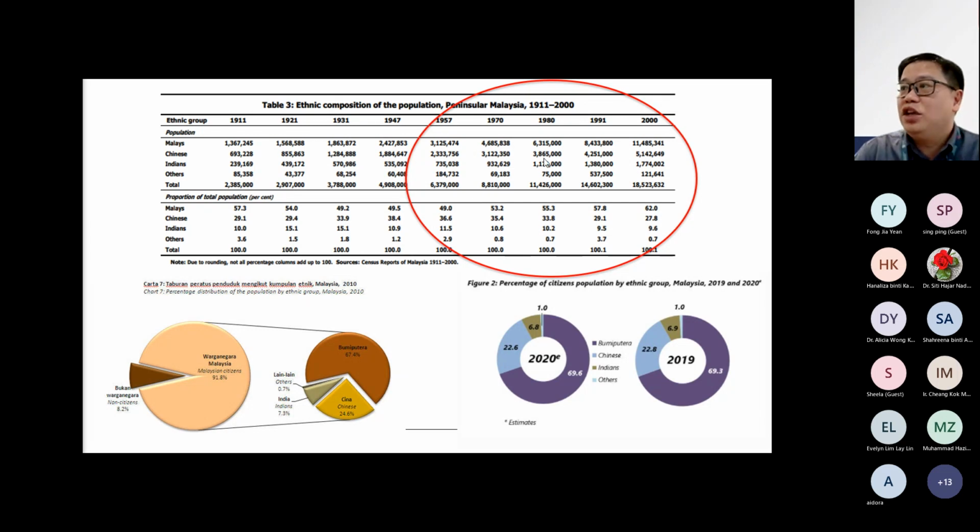If you look at 57, 70, 80, 91, and so on, the numbers were small, but the difference in percentage shows how certain groups are shrinking. So we, as private institutional educators, may want to take a big picture view. Are we targeting the wrong people? How are we targeting?